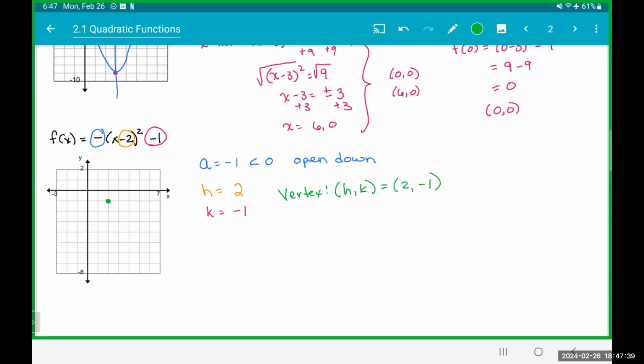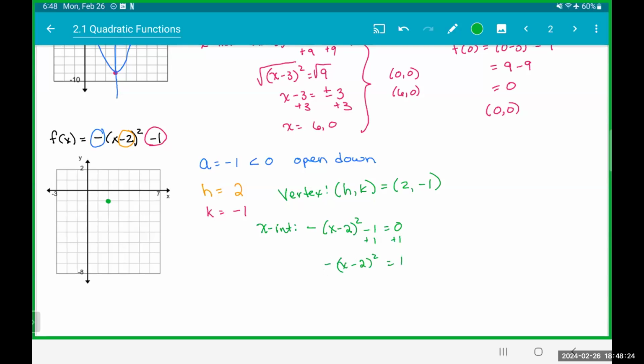But let's go ahead and see what that is based on finding our zeros. All right, so let's look for our x-intercept first. So for our x-intercept, we start with our original equation, this negative x minus 2 squared minus 1, set that equal to 0, okay? So we'll add 1 to both sides. That gives me negative x minus 2 squared equals 1.